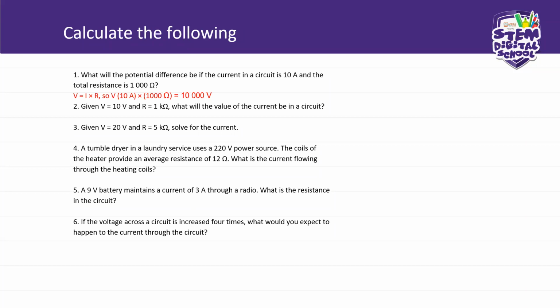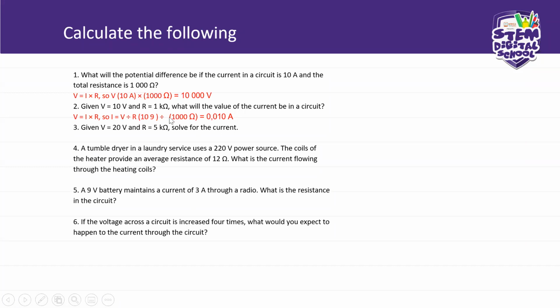Calculate. Your answer is this, okay? Because 1 kilo ohm is 1,000. So that will be your answer. You must first work on the kilo ohm, because this is not 1, it's 1,000.